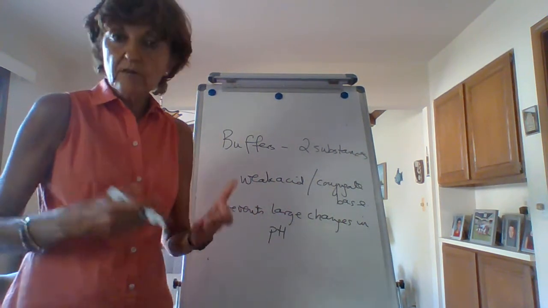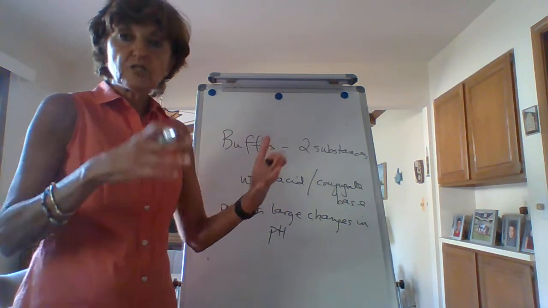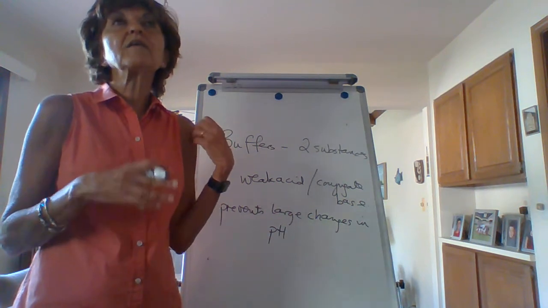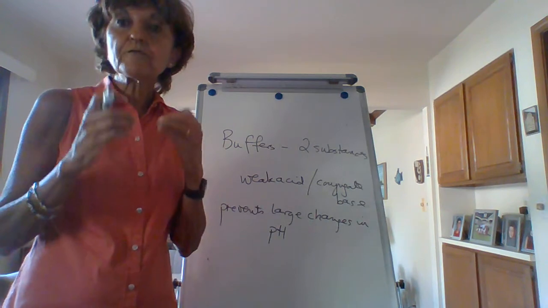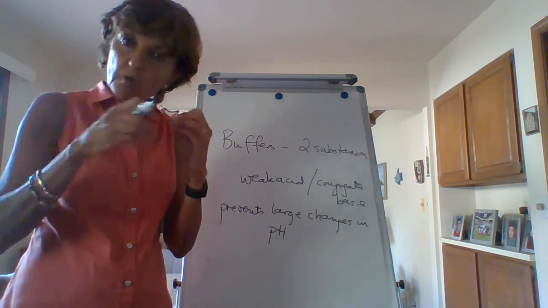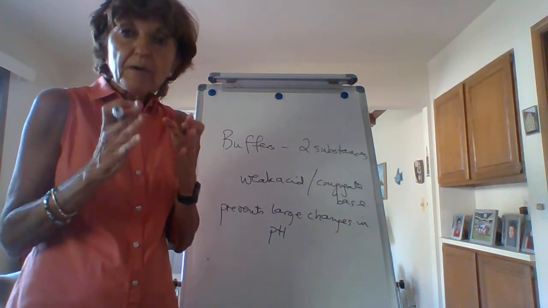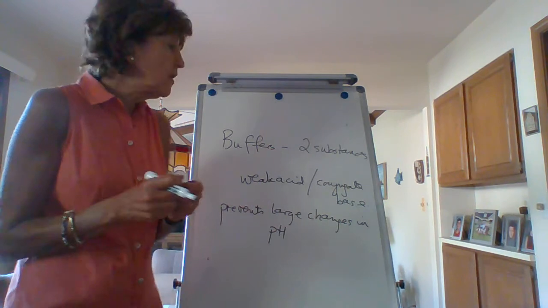There's lots of things that are buffered so that if by some wild chance too much acid is thrown in, eventually buffers won't work. But for a buffer to work, if you throw in a little bit of acid or a little bit of base, it's going to keep the pH as close to what it's supposed to be as possible.